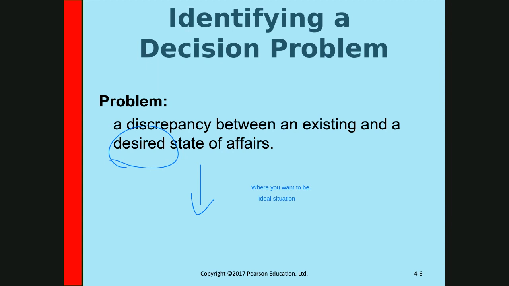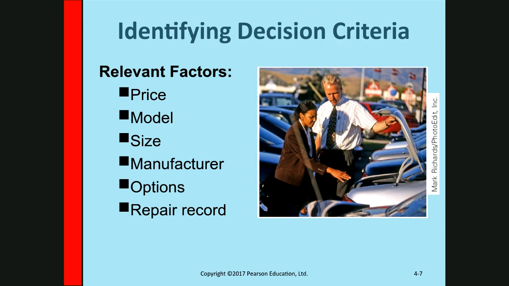Your car has a blown engine, and you realize that it is not economical to fix the car. So take this as an example of identifying a problem for now. So what do you do? The next step is basically to identify your decision criteria.